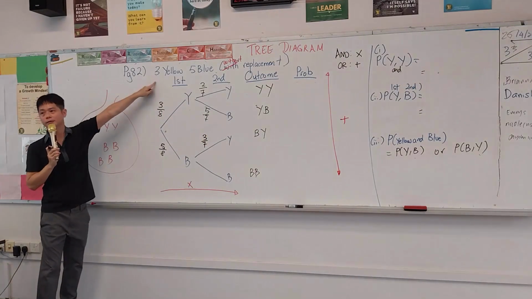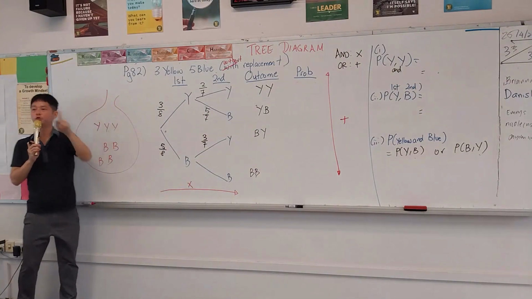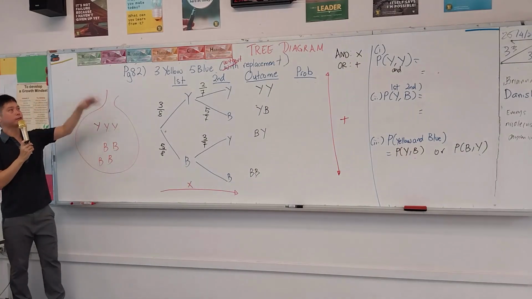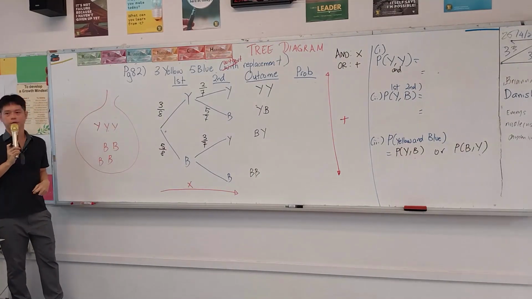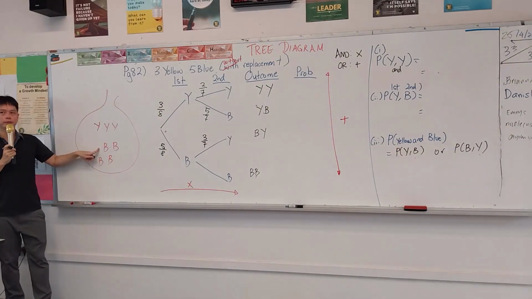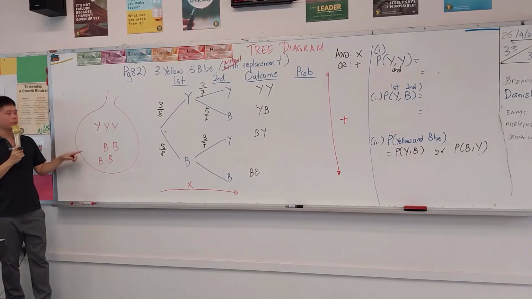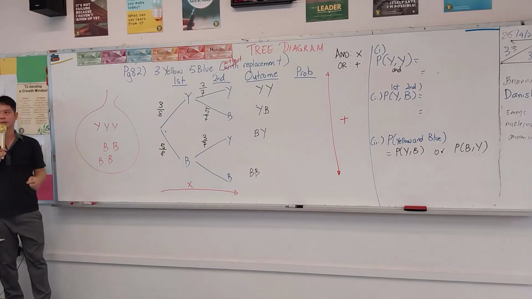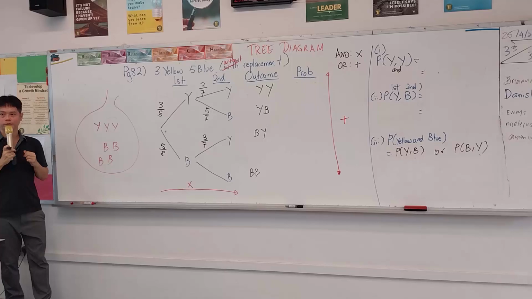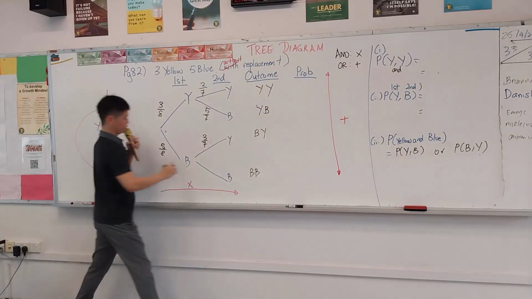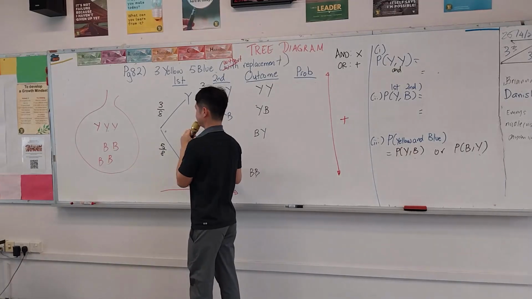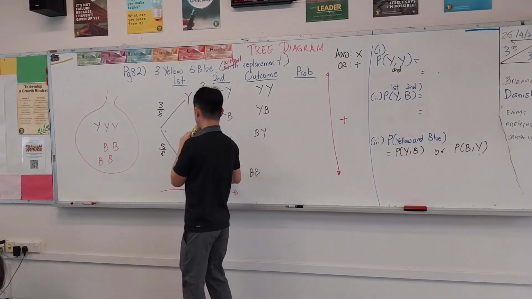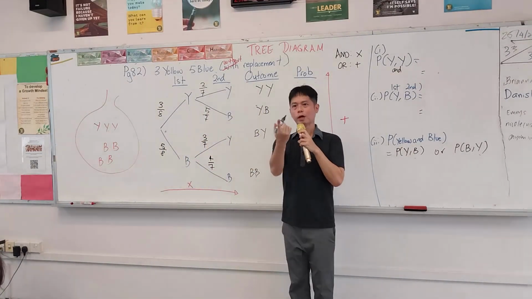Because there were 3 yellow, but the first one I drew was a blue one. Okay, I reset the thing again. I'm going to remove the blue first. Okay, second one. What's the probability of getting a blue? 4/7. Add up. Still one. Check out.